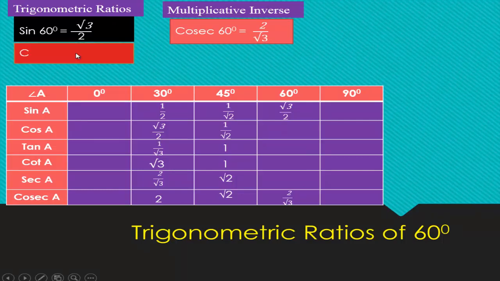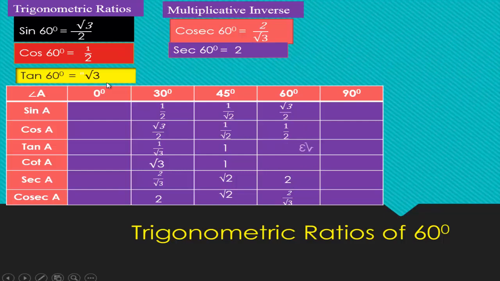Next, cos 60 equal to 1 by 2, and the multiplicative inverse of cos 60 means secant 60. The multiplicative inverse of 1 by 2 means 2. That is secant 60 equal to 2. Next, tan 60 means root 3, and the multiplicative inverse of tan 60 means cot 60. That is the multiplicative inverse of root 3 means 1 by root 3. That is cot 60 is 1 by root 3.